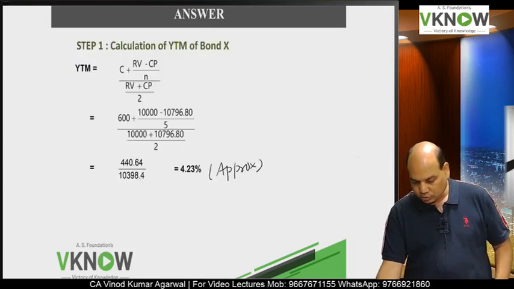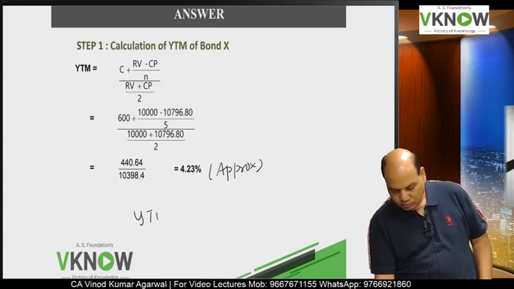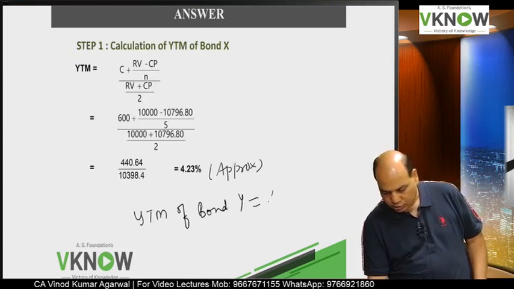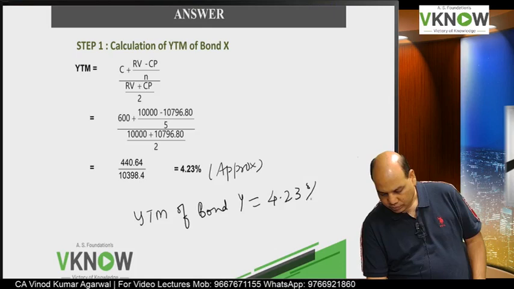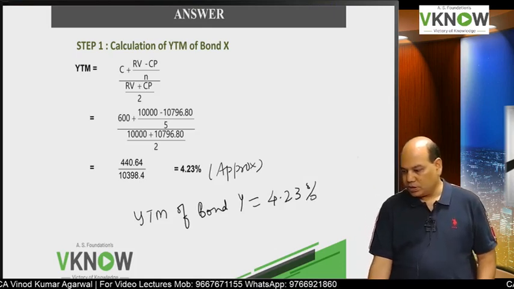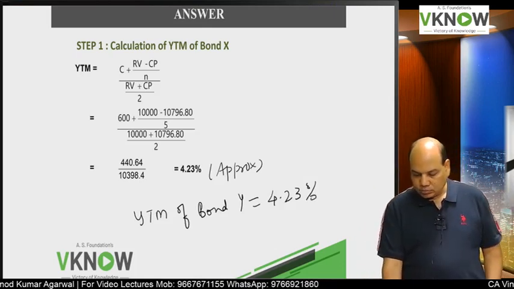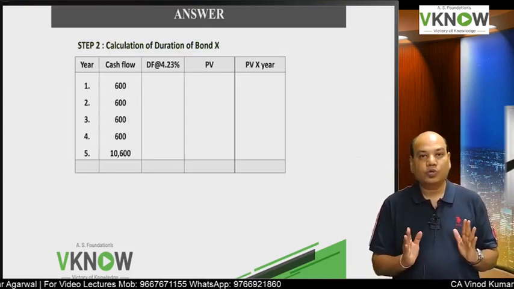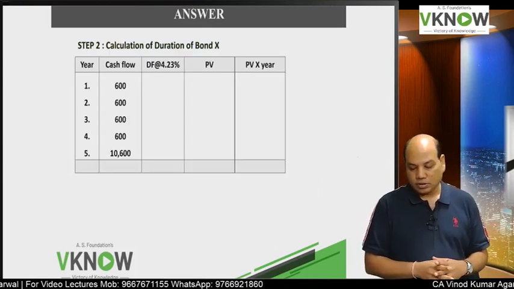So YTM of bond Y will also be 4.23%. Now we'll compute duration of both bonds at a 4.23% discount rate.